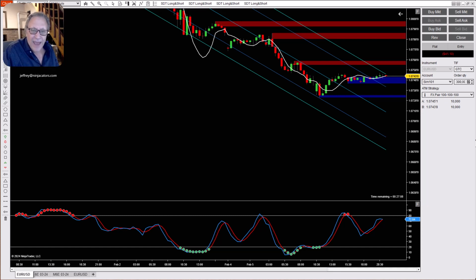That's 10,000 currency units, a micro lot, which is just 1,000 currency units, or even a nano lot, which is 100 currency units. Now, the unit of a currency, the value of a currency movement, is the pip. And its value is different depending on the Forex pair because it depends on the conversion rate between the base and the quote currency.